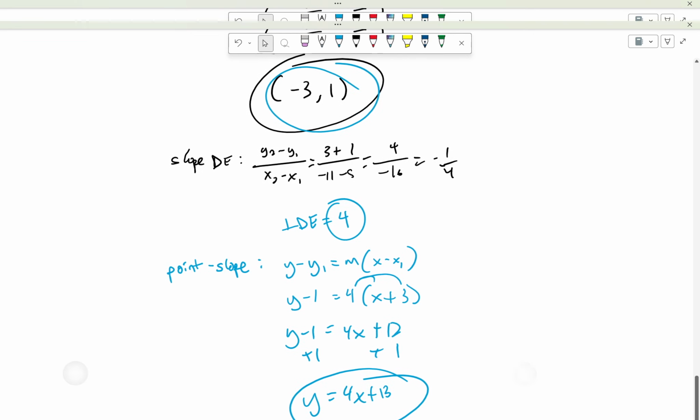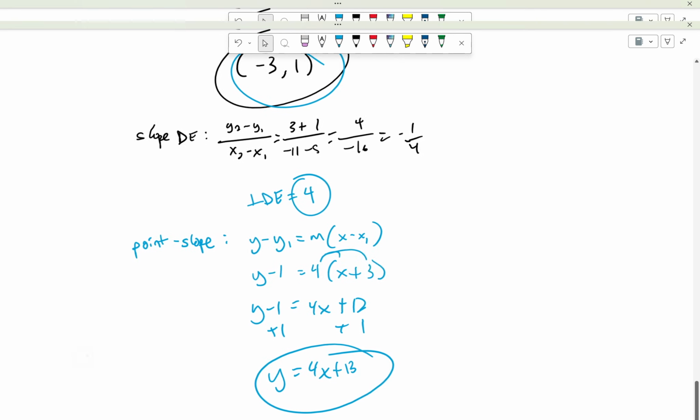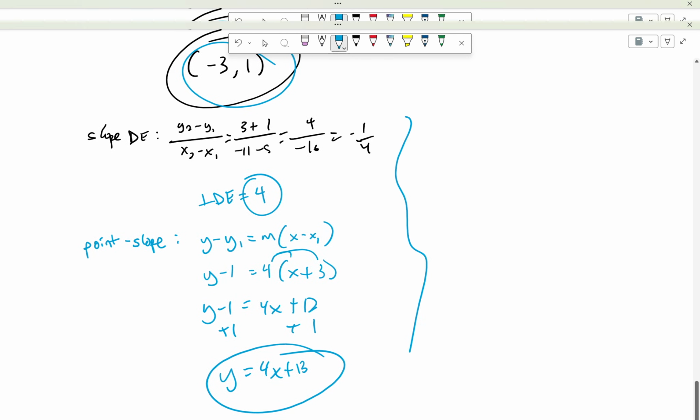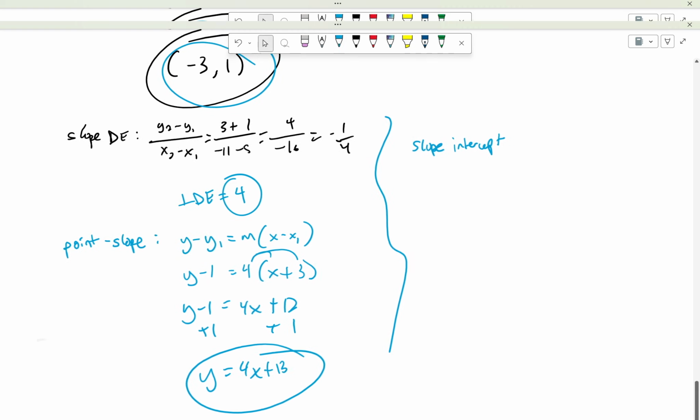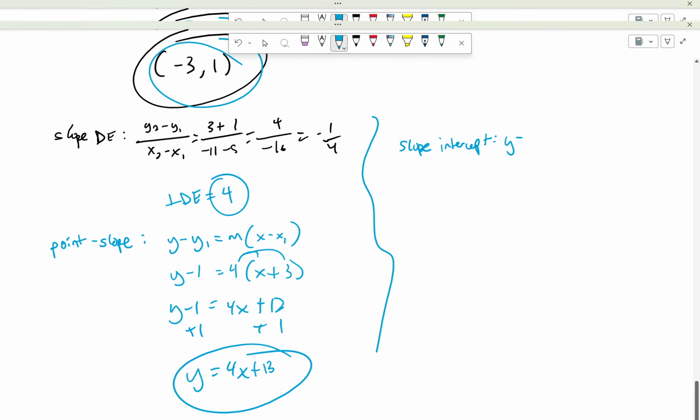Now, could I have done this a different way? Of course, right? With that point and that slope, we could have actually done the slope intercept again, where we have y is equal to mx plus b. Well, we'd have to solve for what b is, and we have y, which is this whole thing with negative 3, 1.